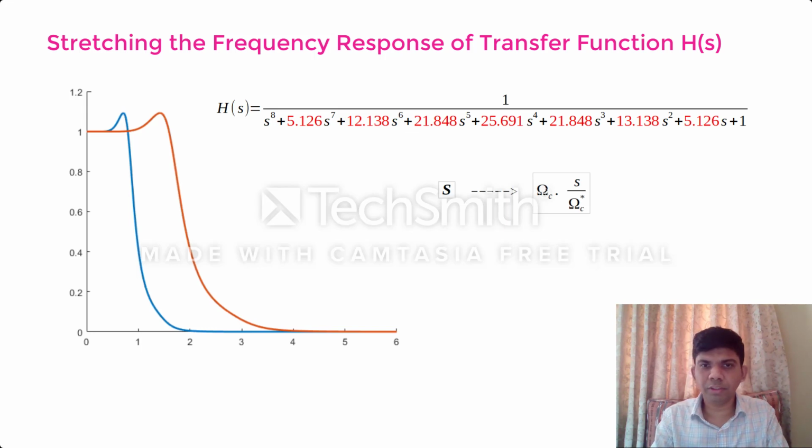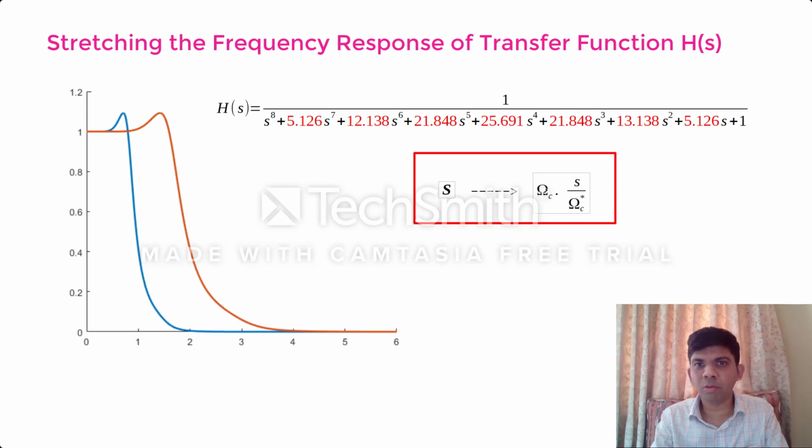So in our exercise, we replace the complex variable s in the prototype filter with s divided by the scaling factor. Now we need to understand what this scaling factor is compared to the transformation relation s tends to omega c into s by omega c star. We know omega c is the cutoff frequency of the normalized prototype low pass filter, which is 1 radian per second.